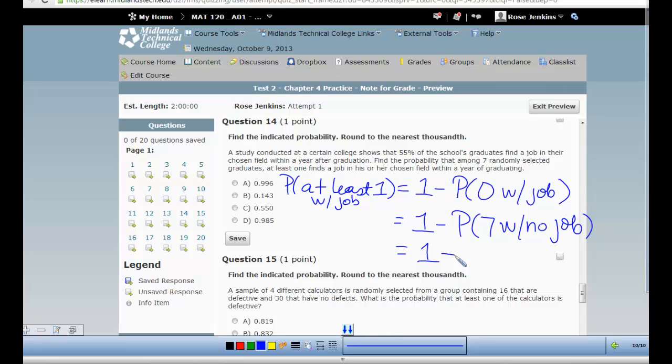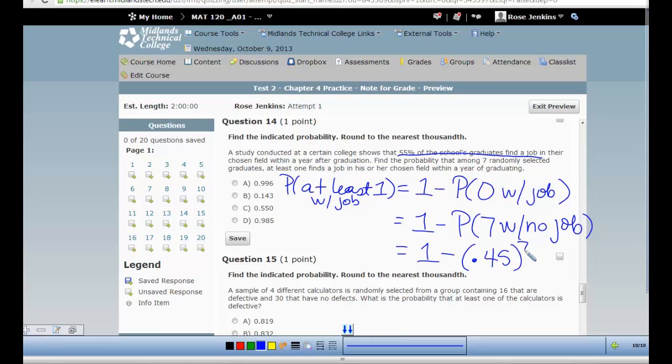That's right. So what's the probability then, be careful about this, of no job for an individual? 45%. It was 55% that found a job, but we're interested here in those who didn't find a job. So that's the other 45%.